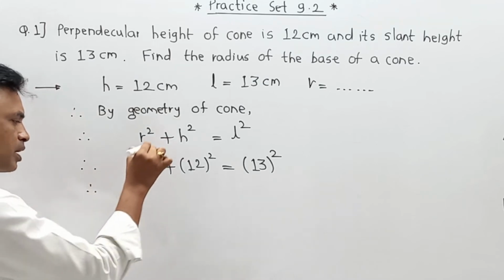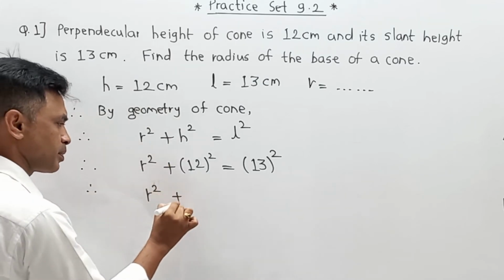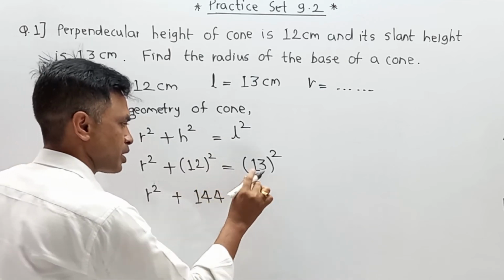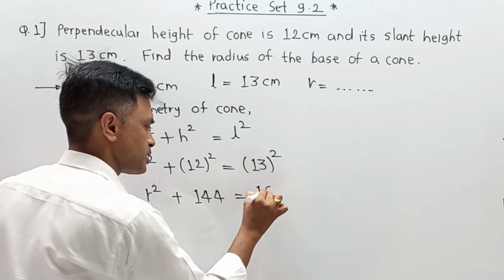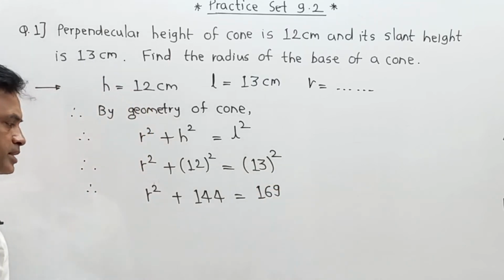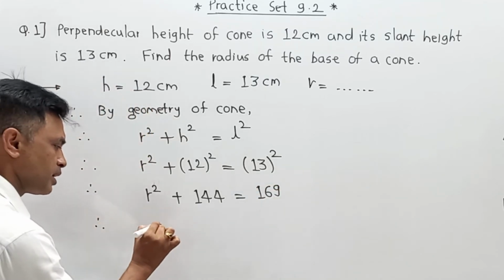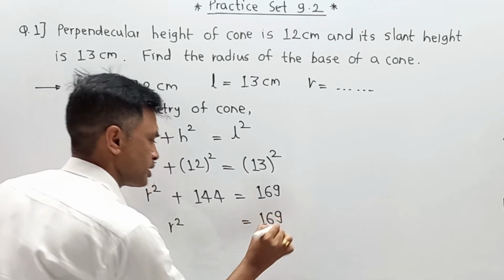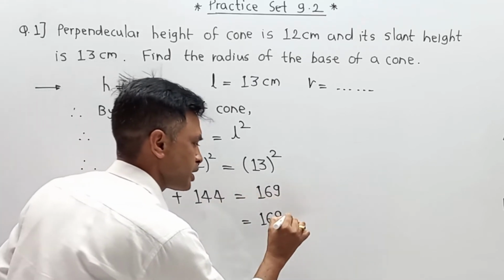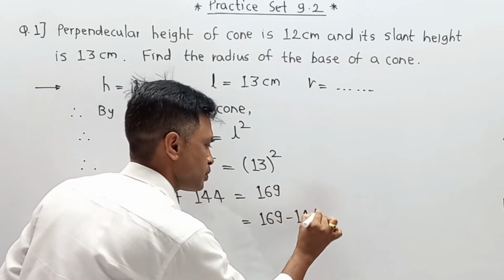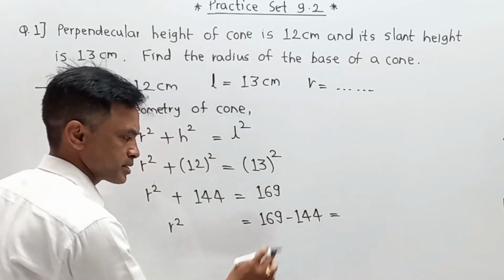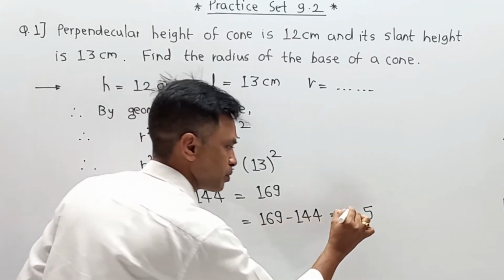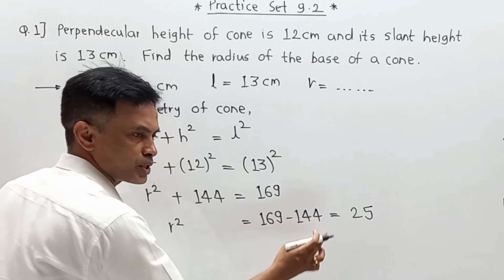Simplification of this term: R square plus 12 square is 144, and 13 square is 169. Now the next step is simplification. Therefore, R square is equal to 169, shifting plus 144 to that side, minus 144. 9 minus 4 is 5, 6 minus 4 is 2, and 1 minus 1 is 0.